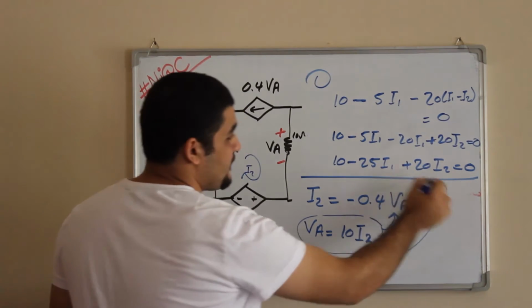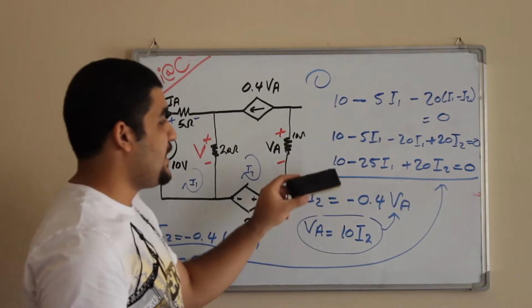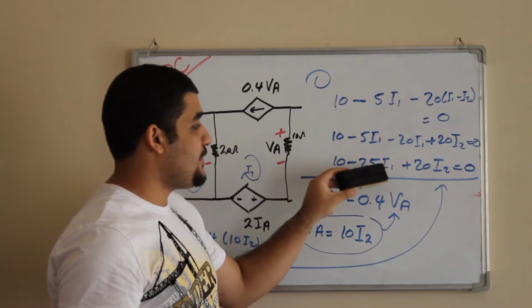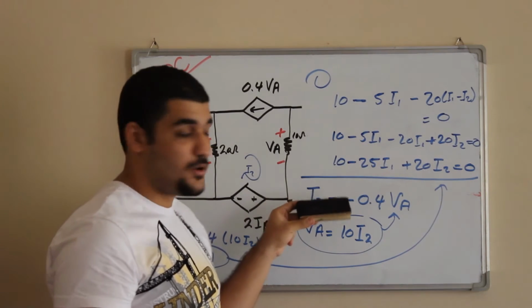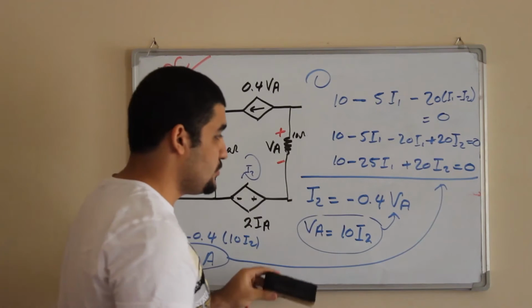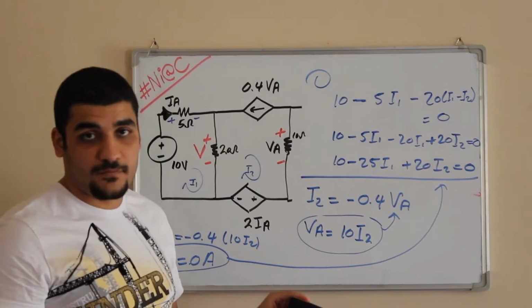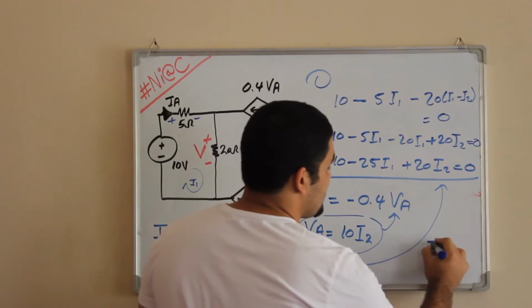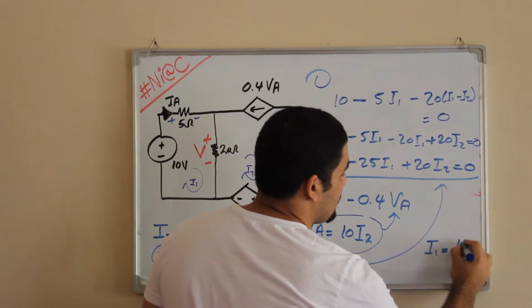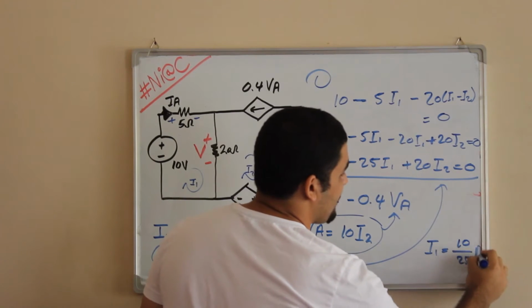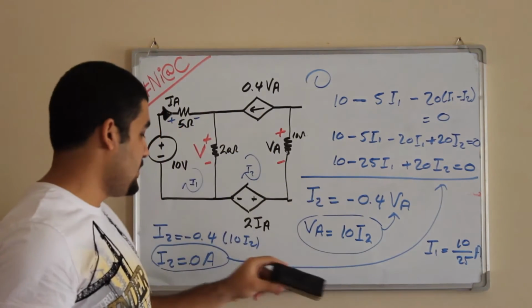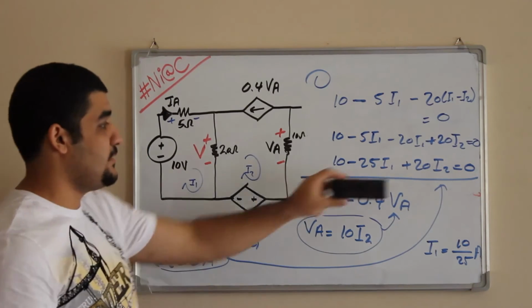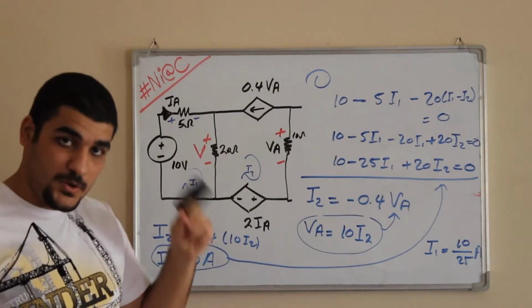Now you have the I2. Substitute it in the first equation. You will have 25 I1 is equal to 10. So I1 is equal to 10 over 25 amps, after substituting the I2 in the first loop equation.